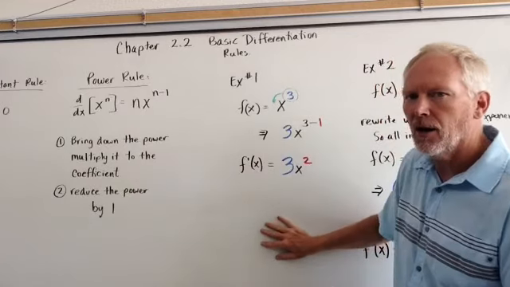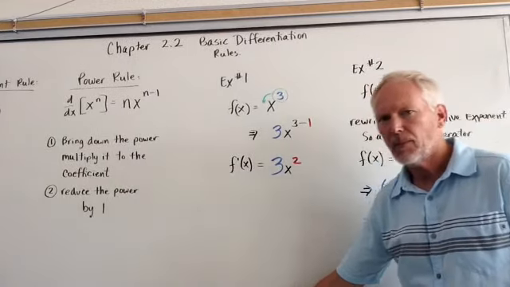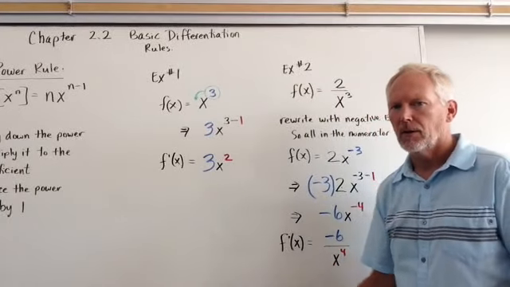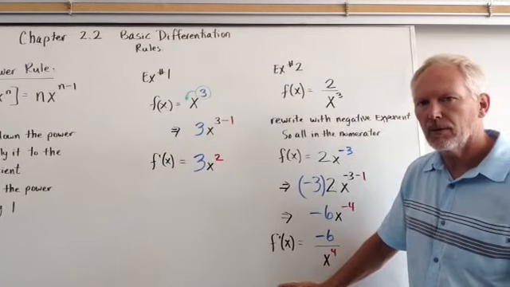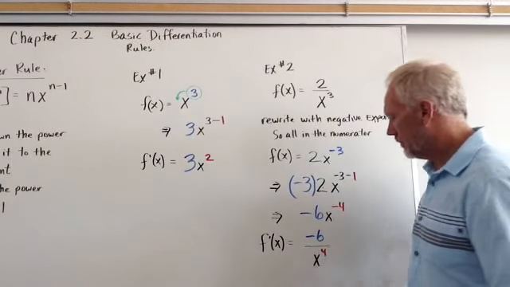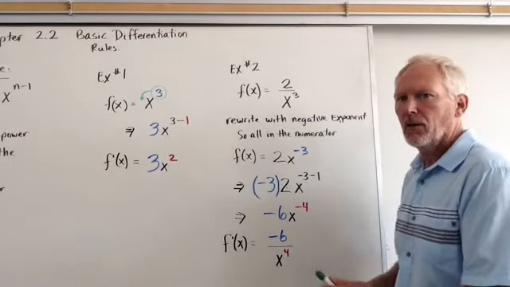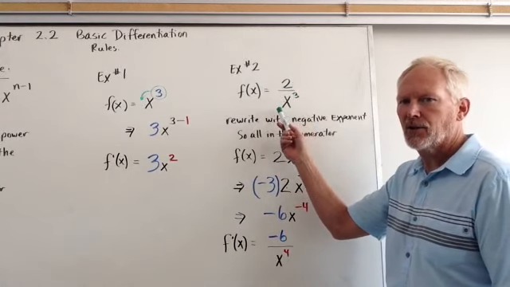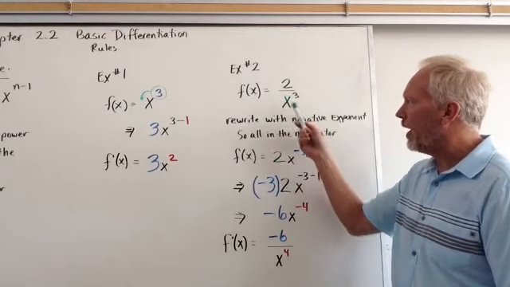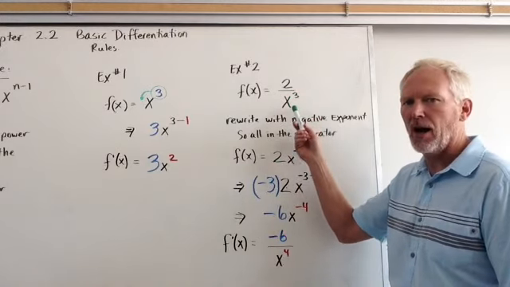Okay? Let's look at another example. We get f of x equals 2 divided by x cubed. So we have an x value in the denominator.